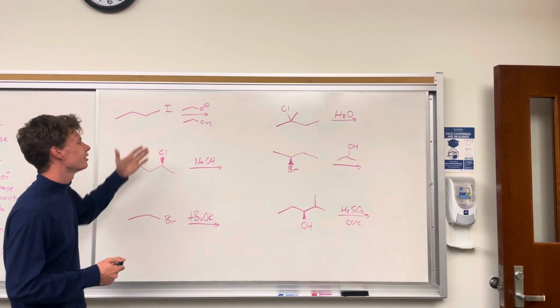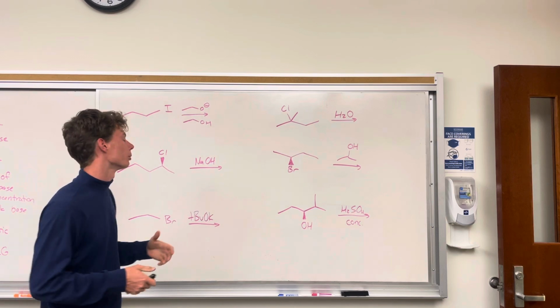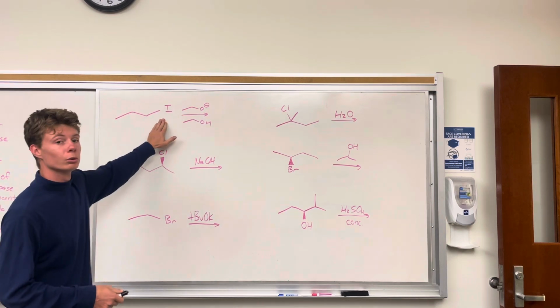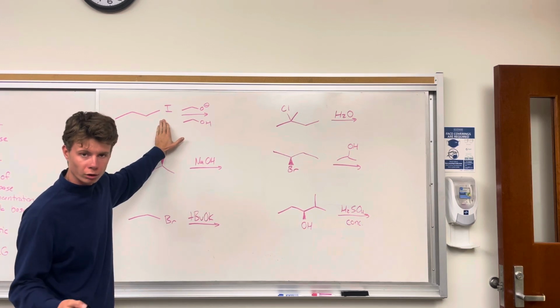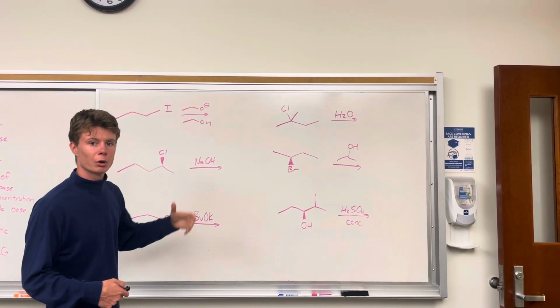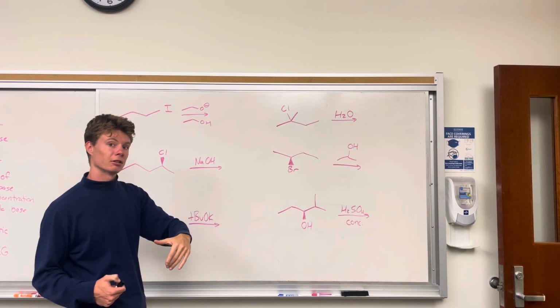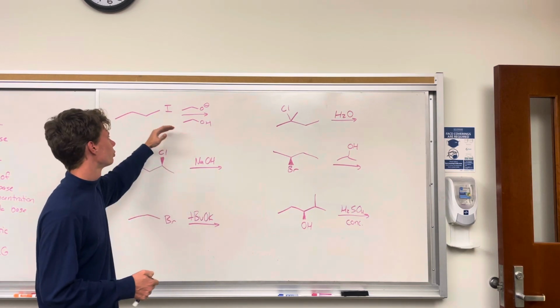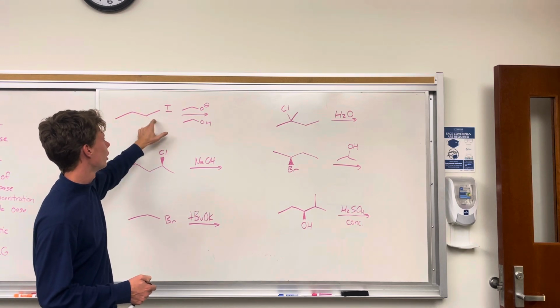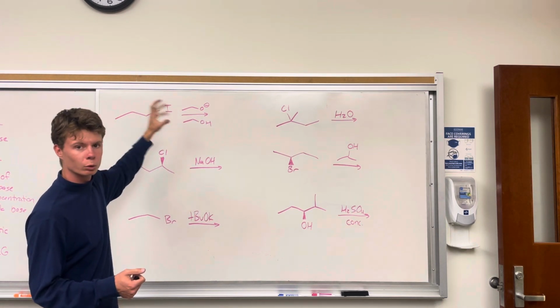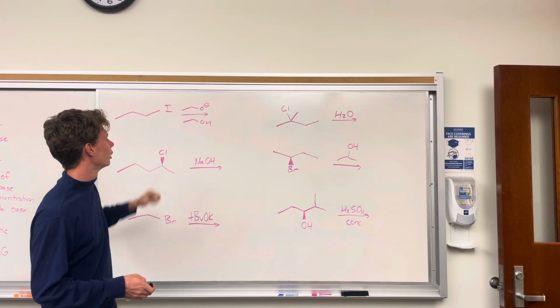So the primary isn't exactly telling me a lot about E1 or E2. The good leaving group means E2 would be more likely at this point, only because with E1, remember our rate determining step, that leaving group has to leave all by itself. So a strong base to remove a beta hydrogen and add a double bond here, with the leaving group leaving all in one step, would favor an E2.